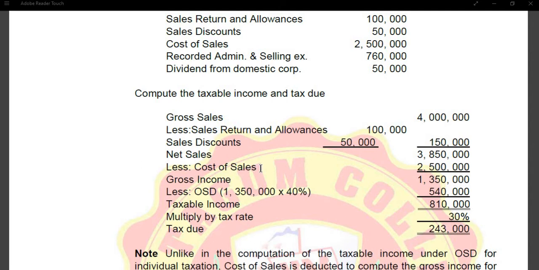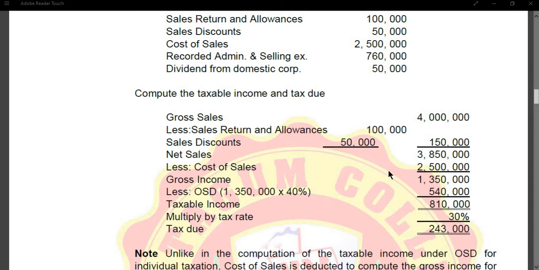However, if the taxpayer is a corporation, you have to deduct from net sales the cost of sales to get the 40% optional standard deduction. So again, the treatment or the computation of the OSD is different from when the taxpayer is individual and when the taxpayer is a corporation.